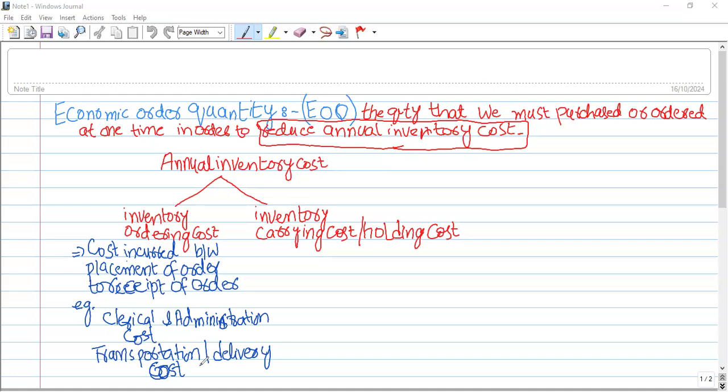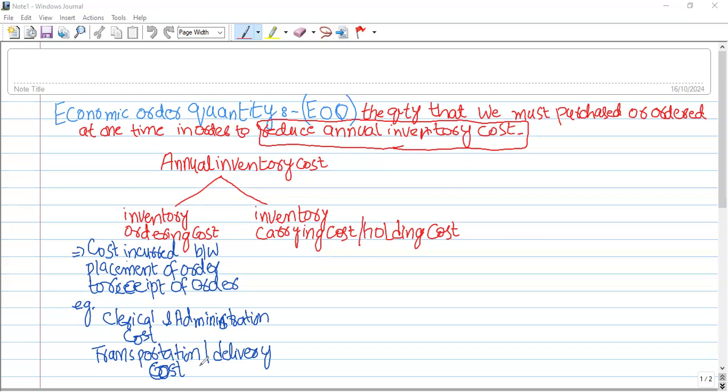We insure the material which is stored in the warehouse, so the insurance premium we pay for the raw material is also included in the carrying cost.